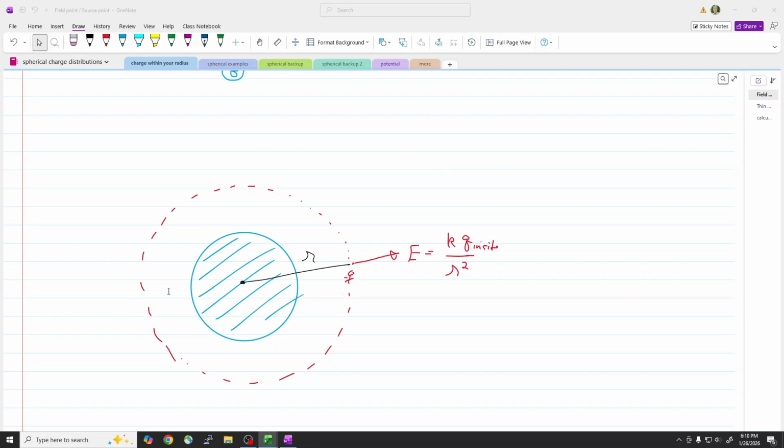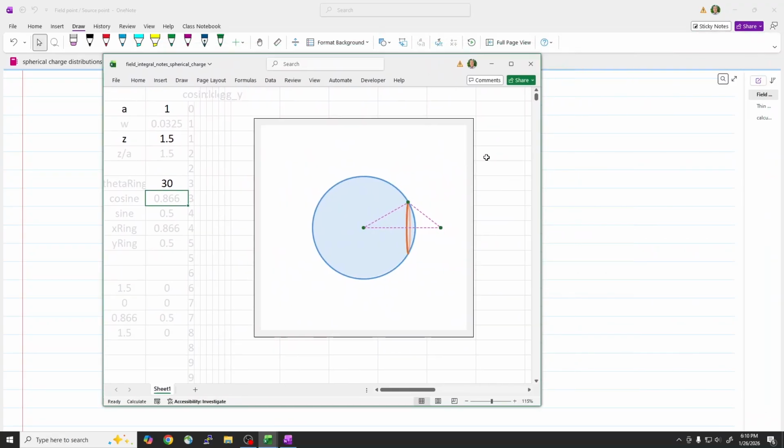So, for an arbitrary charge distribution that has spherical symmetry, it would be sufficient for us to consider a spherical shell only, because we could imagine a distribution that has spherical symmetry being a union of many such spherical shells.